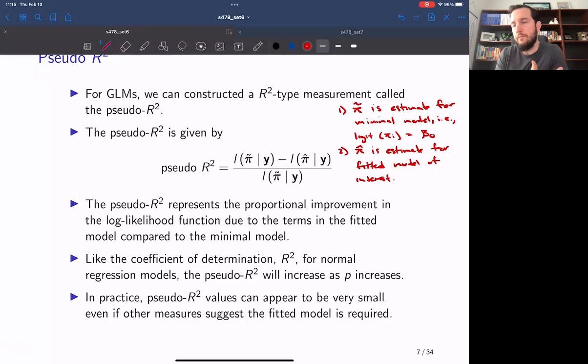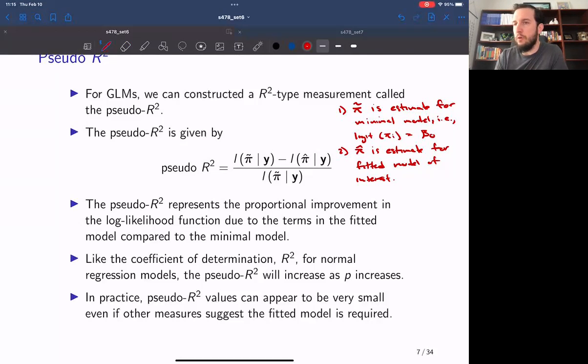Anyways, what this is basically is the difference in those log likelihood values divided by the larger log likelihood. It's a representation of how much larger the maximized log likelihood is for the fitted model compared to the minimal model.